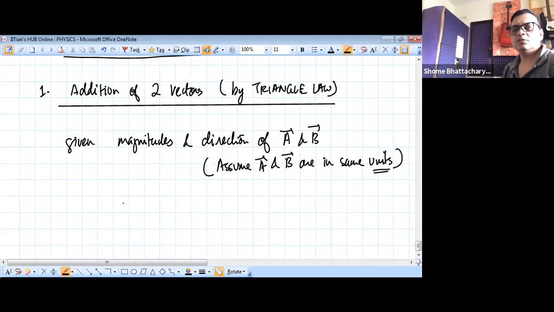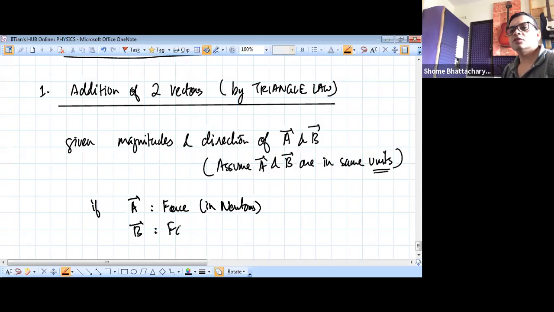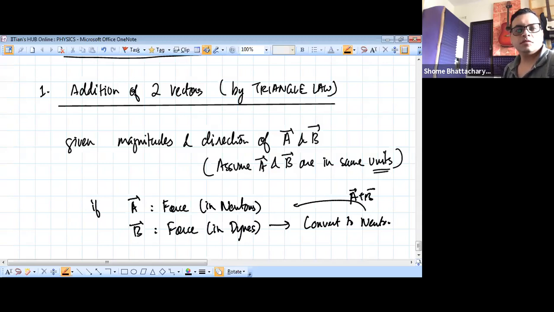The thing is that suppose A is force in newtons, okay, and B is given to us as force, suppose in dynes. So what we'll have to do is we'll have to convert to newtons, okay, and then only we can add A plus B. Okay, understood?